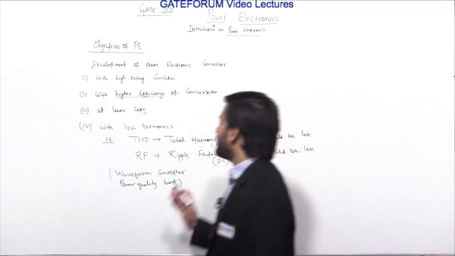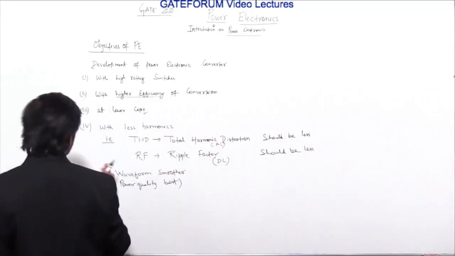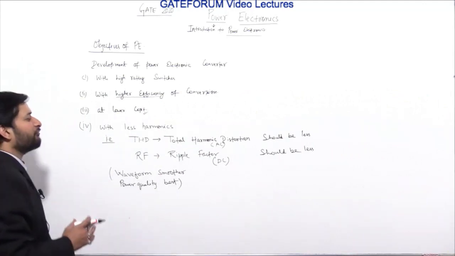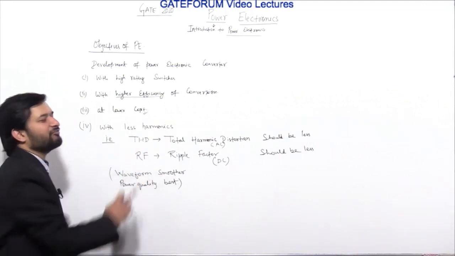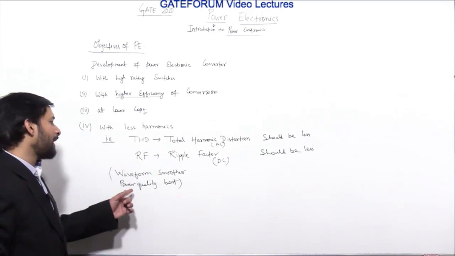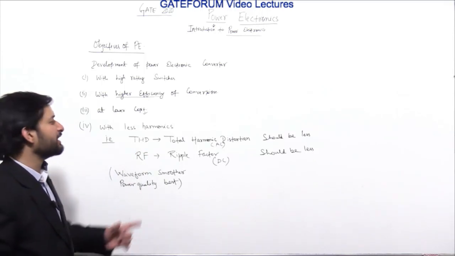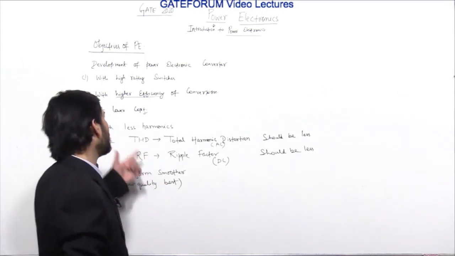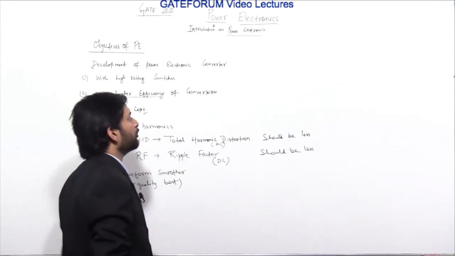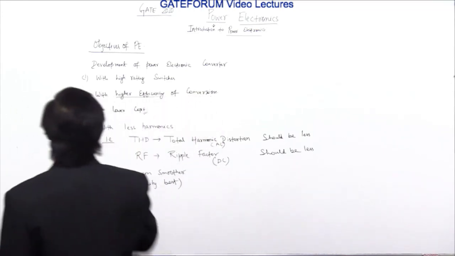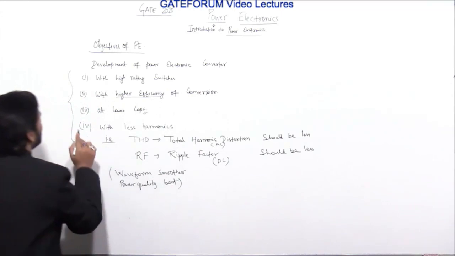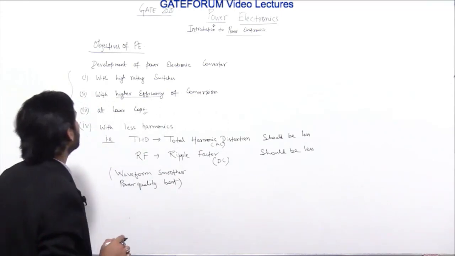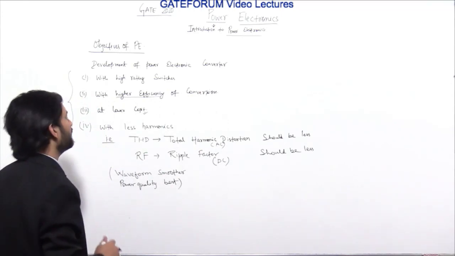That waveform is considered smoother, and for that waveform the THD and RF will be lesser, and the power quality would be the best. So these are the objectives that I am aiming for.